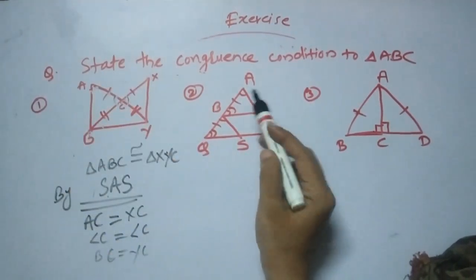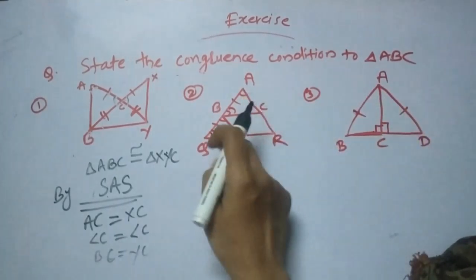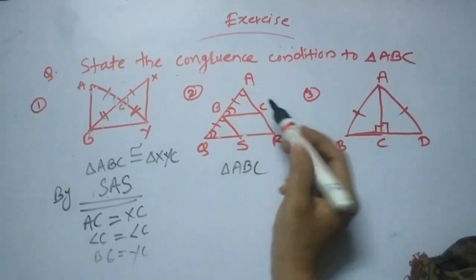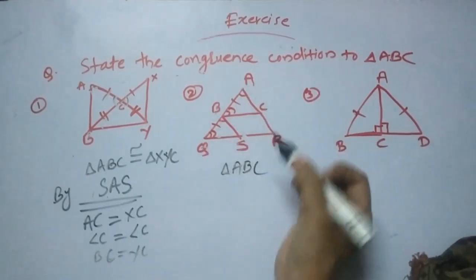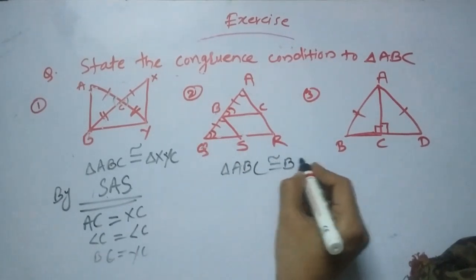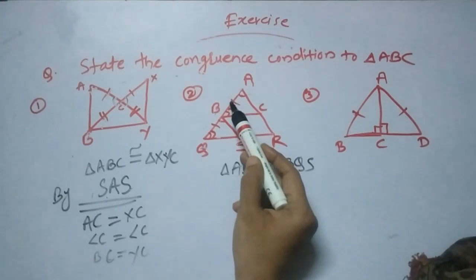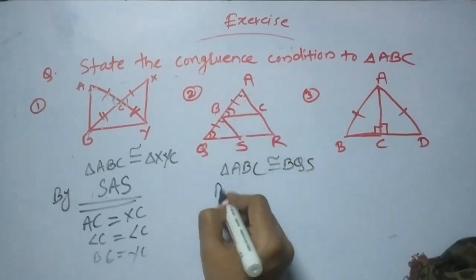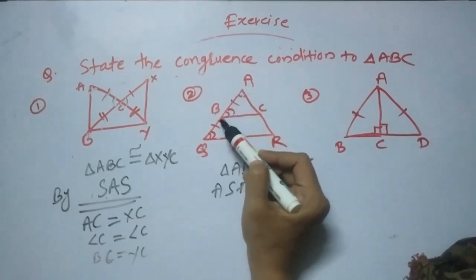Now here also we need to check triangle ABC is congruent with which triangle. So you can see here ABC is congruent with this QBS. Why am I saying that? Because of angle side angle.